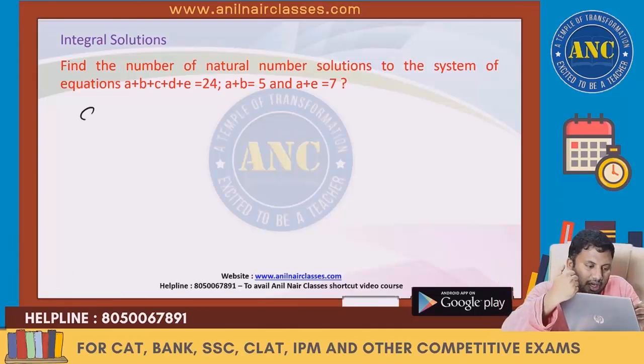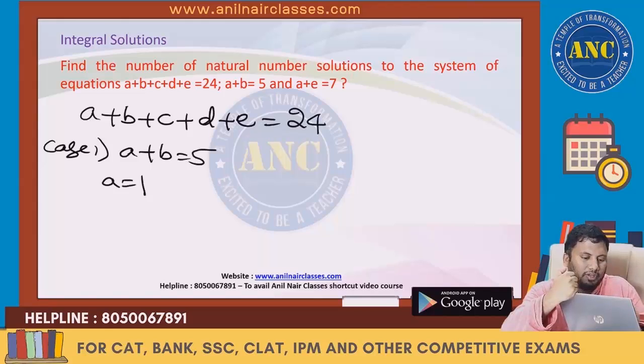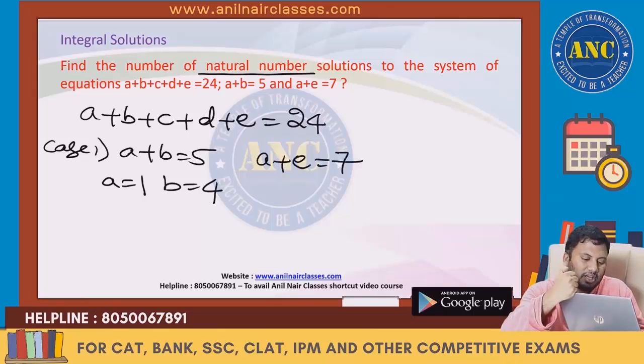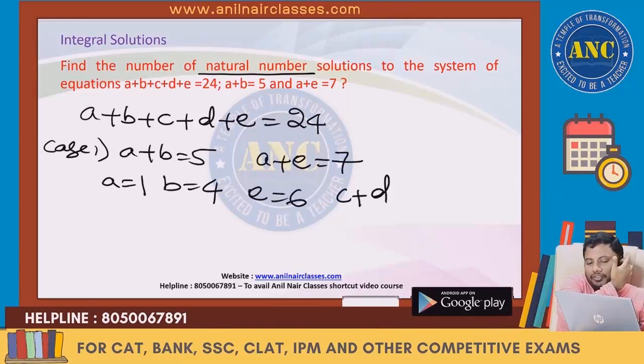Now a plus b plus c plus d plus e is 24. Case 1: a plus b equals 5. If natural numbers, a is 1, b is 4. A plus e is 7, a is 1, e is 6. So c plus d will become 24 minus 11, which is 13.